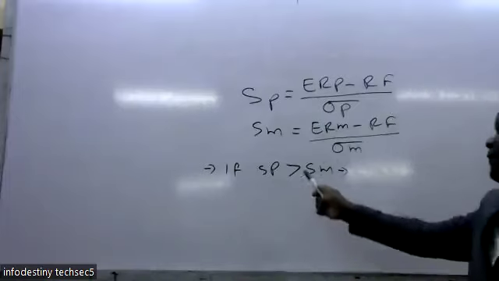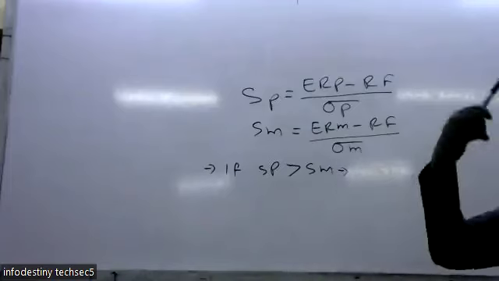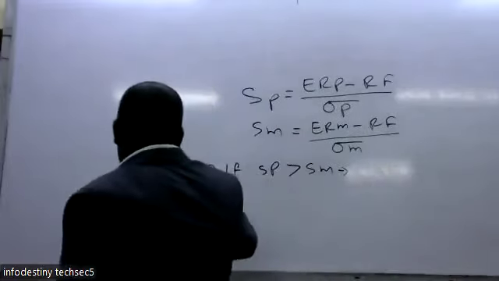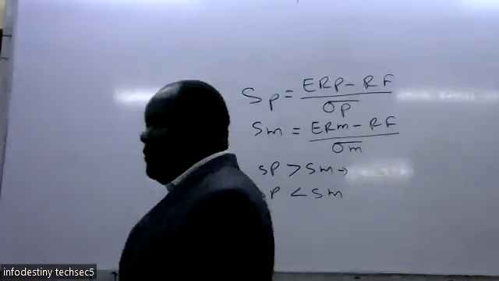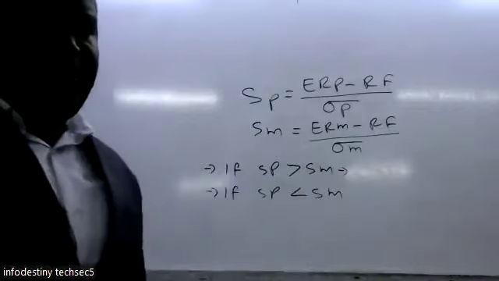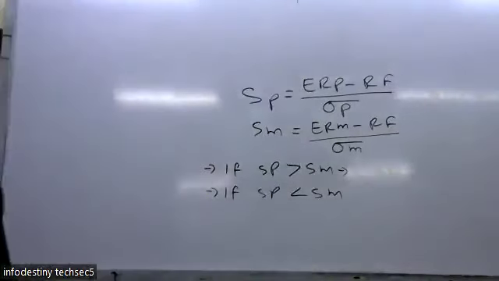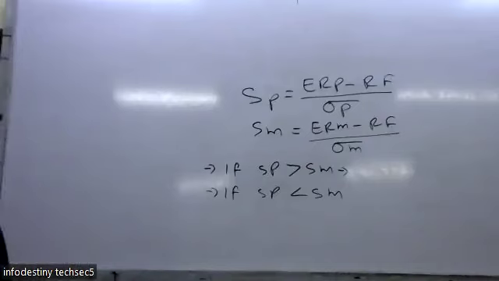The second dash is that if the Sharpe of the portfolio is less than the Sharpe of the market, then it indicates inferior performance.